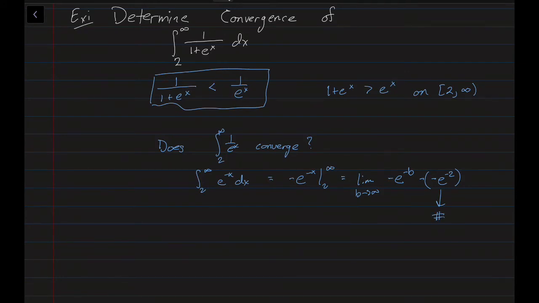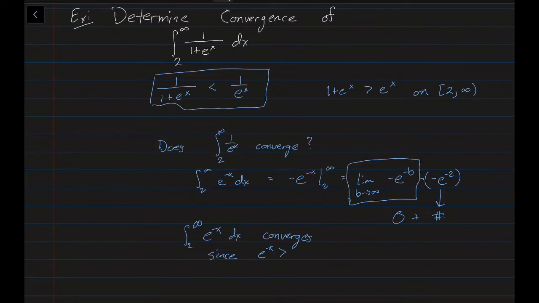E to the negative 2 is just a number, so that's not a concern here. What our concern is is this guy. As b approaches infinity, negative b approaches negative infinity, and e to the negative infinity is going to be 0. So we have 0 plus some number. So that tells us that the integral from 2 to infinity of e to the negative x dx converges.